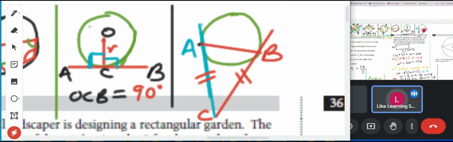So what will you call triangle ABC? What's the special name for triangle ABC? It's also an isosceles triangle because this line, the blue line, is equal to the red line.